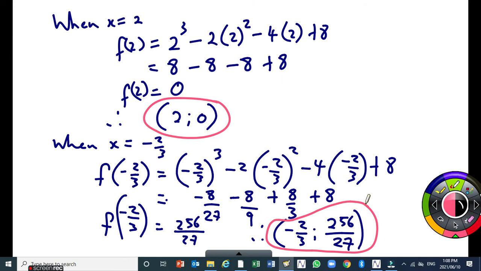Right. Now we need to find the point of inflection.